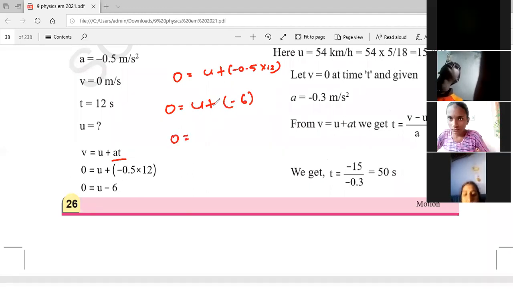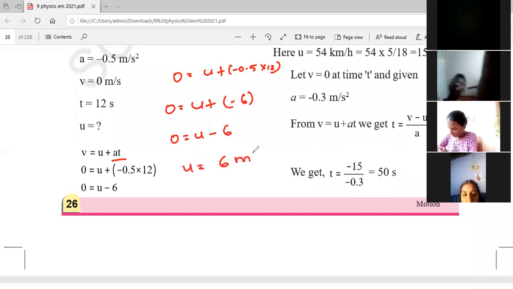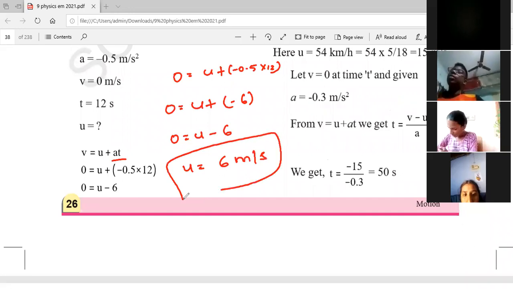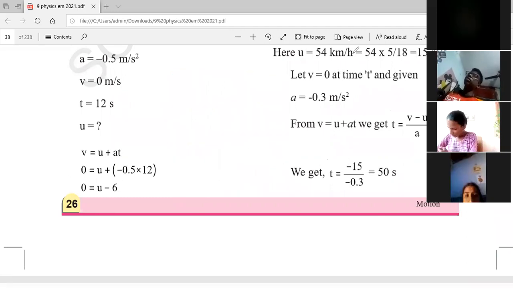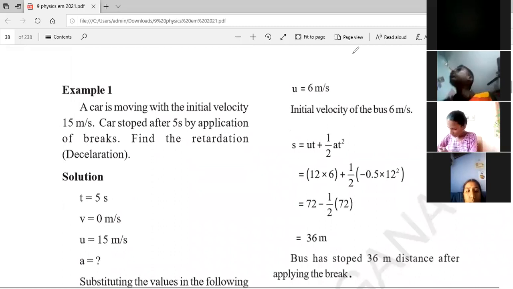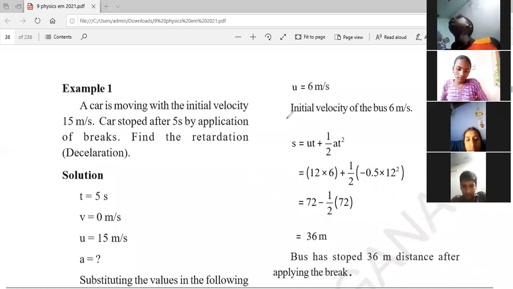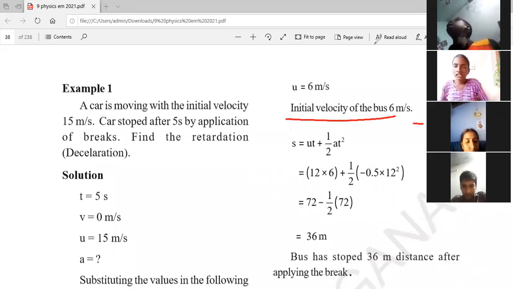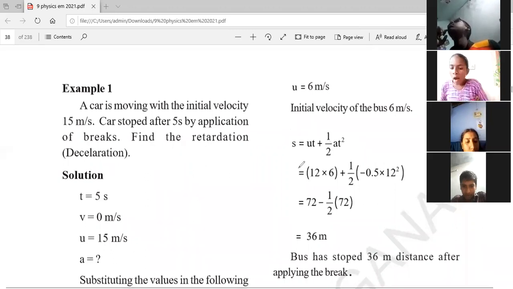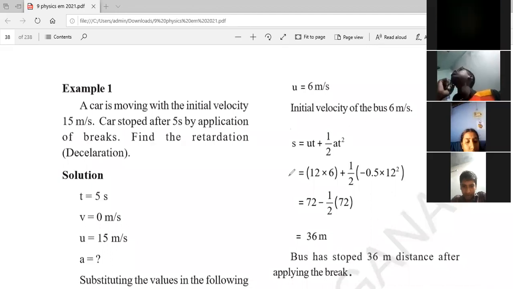So 0 equals u minus 6. From this we get u equals 6 meter per second. So the initial velocity of the bus is 6 meter per second.